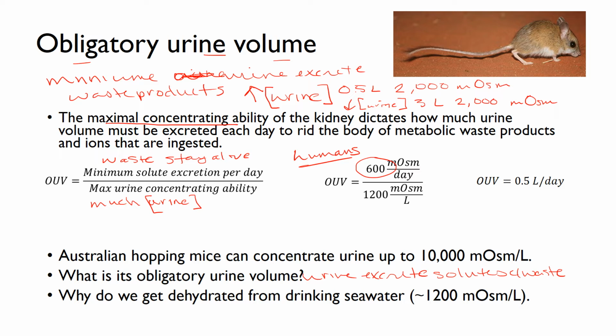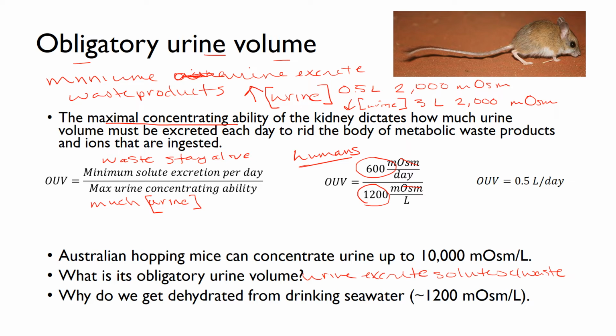But as human beings, our loops of Henle are only deep enough and long enough to create an interstitial fluid hyperosmotic gradient that maxes out at 1200 milliosmoles per liter. So our obligatory urine volume is 600 divided by 1200, and you can cancel the milliosmol units, and you end up with half a liter a day.